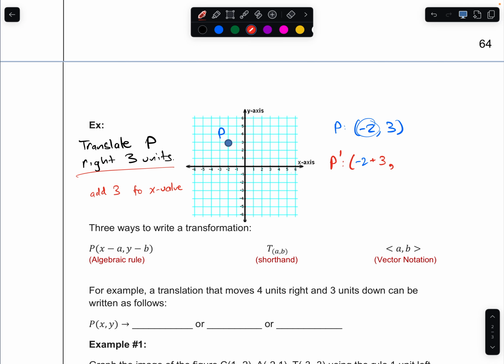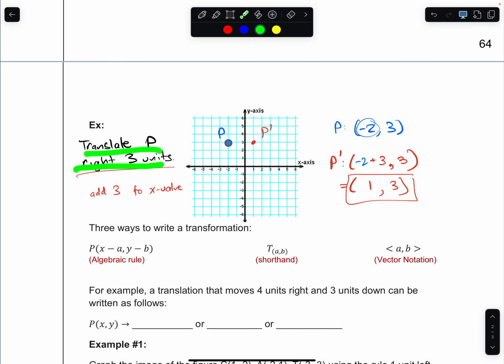The directions didn't say to move up or down, so I'm not going to do anything to this Y coordinate. I'm just going to leave it a 3. All right, but that, I can do -2 plus 3. That would be 1. So P prime should be here. Let's plot that. 1, 3 is here. That's our P prime. And we can check our work because we do have our graph. Yep, we moved it right 3 units.